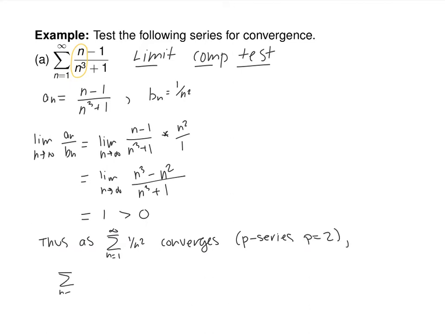The sum from n equals 1 to infinity of n minus 1 over n cubed plus 1 also converges. And let's say why by the limit comparison test.